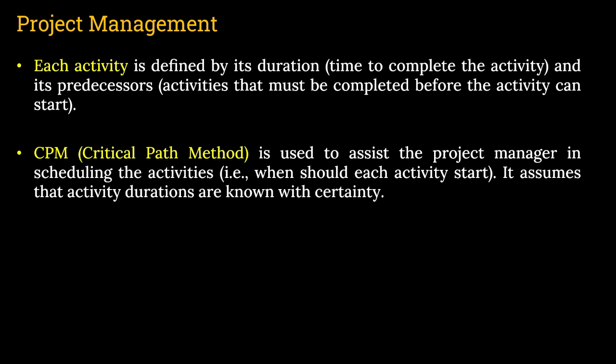That means if I know that to paint the wall or to apply the primer on the wall, it will take 2 days, then 2 days means 2 days. It cannot be 3 days or suddenly 1 day. Clear? So that time duration has to be known with certainty. And that is possible once you are employing an experienced person over there. So that is known as the CPM, critical path method.